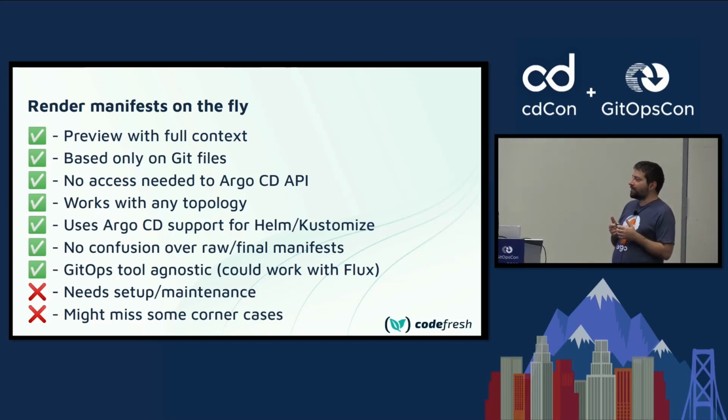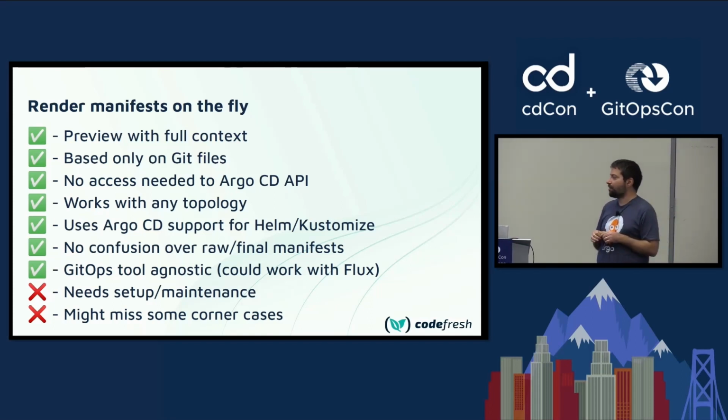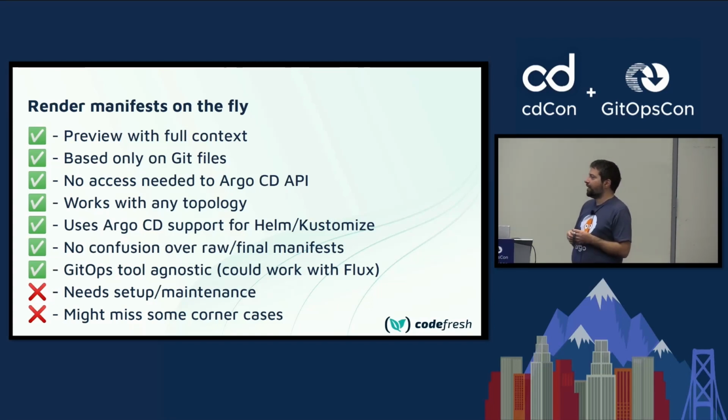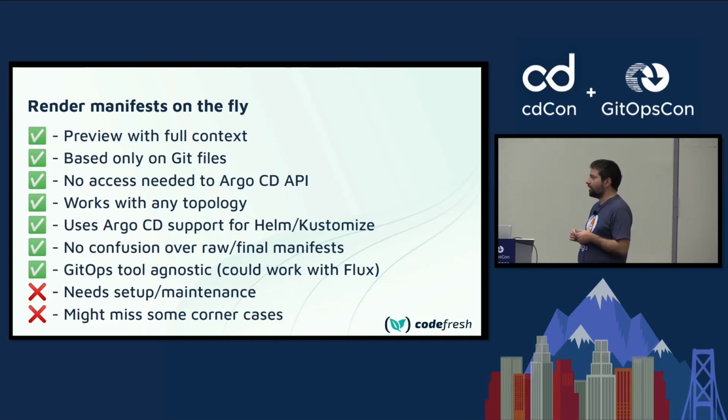There are some disadvantages. First of all, you need to set up this rendering plus commenting process. But as I said, your CI system is not now a single point of failure. So if your CI system is down, you can still deploy, but you don't get access to this nice diff. And specifically with Helm, you might miss some corner cases on what you see with this diff with what actually goes into the cluster.